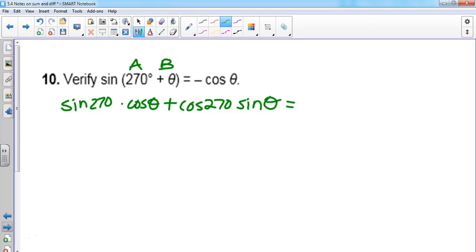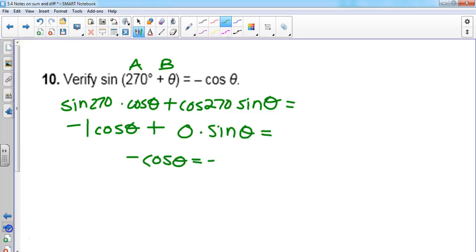Is that the right rule? Okay, 270. The sine is? So, cosine at 270? It's a verify, so please show that step. But what does that all come out to be? These are nice verify questions, yes? And how will you recognize that it's one of these? It's going to have some kind of plus or minus going on in the parentheses, right? That's the only thing we know how to do with them.